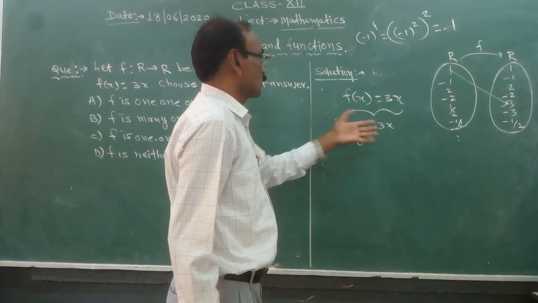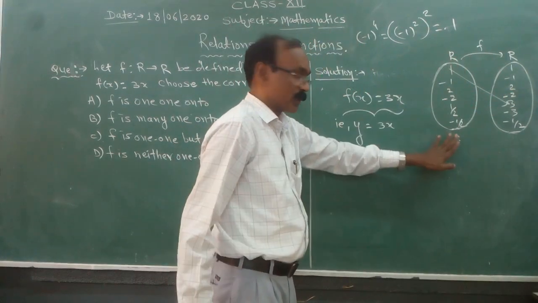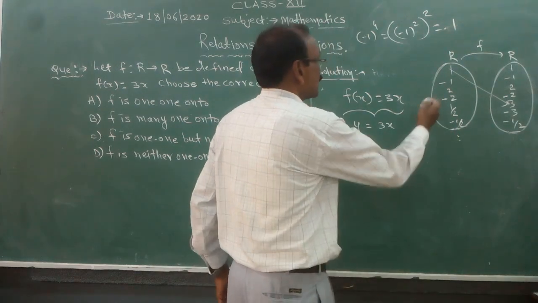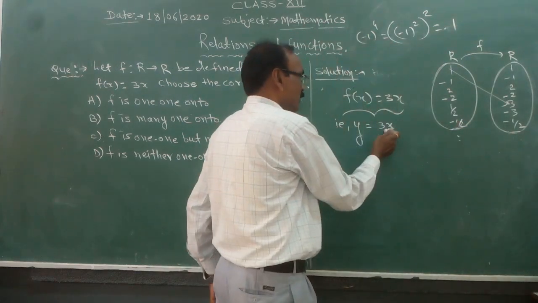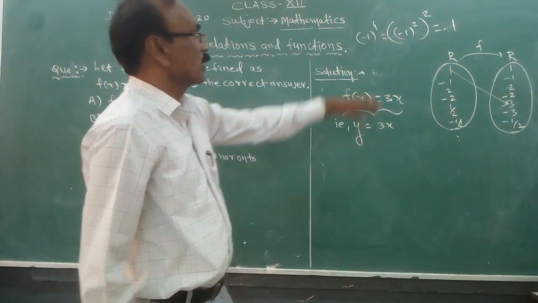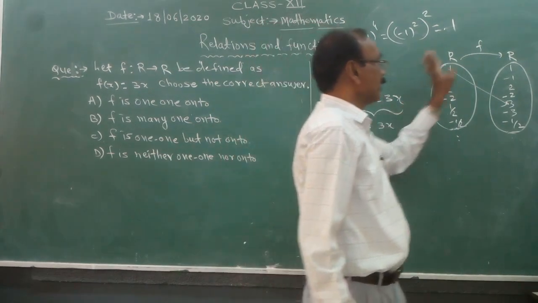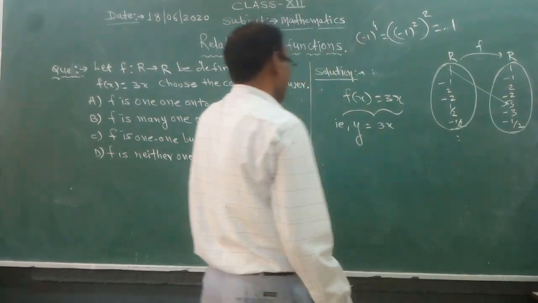If I put x equal to 2, then you will get 6. So I can put all the values here. So it is one-one. Minus 3 by 2 is also there. So all the values in the domain of the function are having different images.